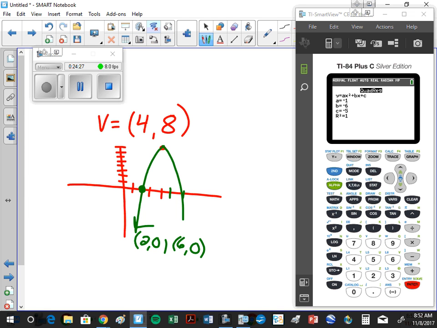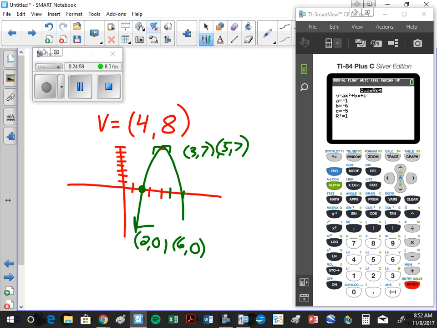I would probably just go over 1, down 1. That would also work. I might say 3, 7 and 5, 7, but it doesn't matter. It doesn't matter what 2 points you pick as long as they're evenly spaced so that the vertex is at 4, 8. And then you just plug those 3 numbers into your stat and then do quadratic regression and it will spit out the equation.